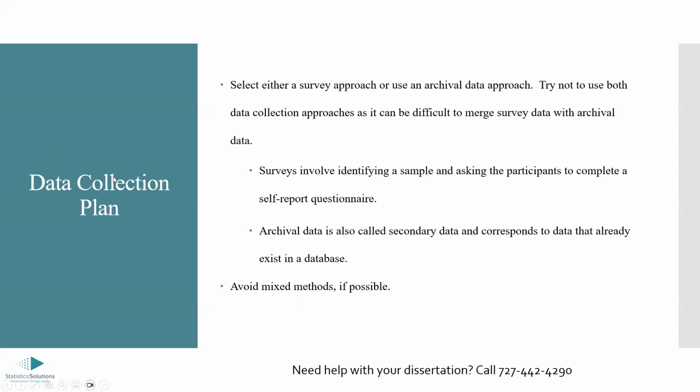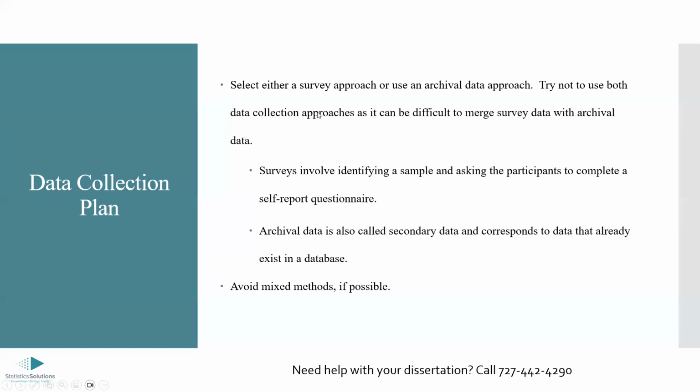Right, so then once your research questions are set in stone, you can look at your data collection plan. So I would recommend selecting either a survey approach or you can use archival data. Try not to use both data collection approaches in one study because it can be very difficult to merge self-report survey responses with archival data.